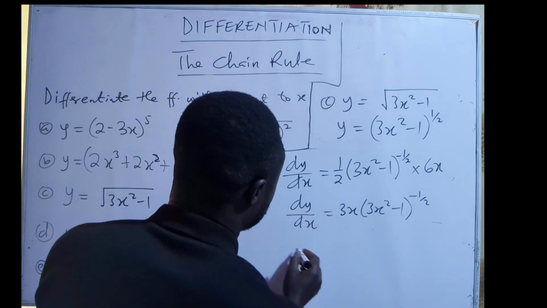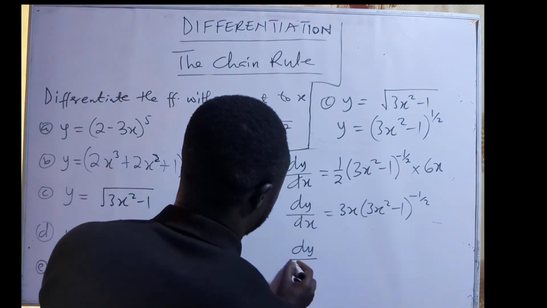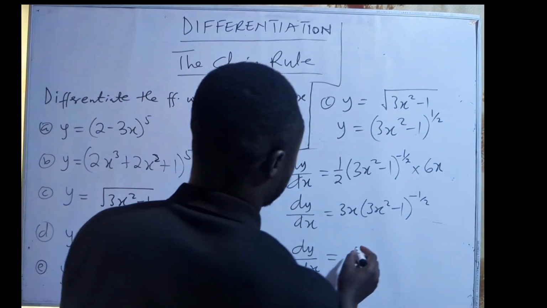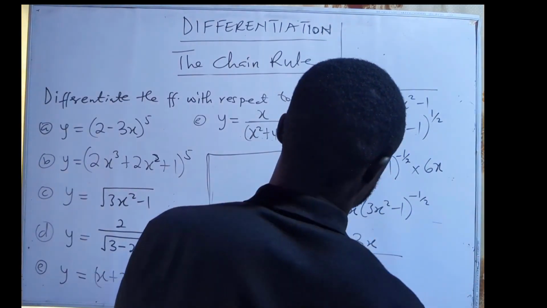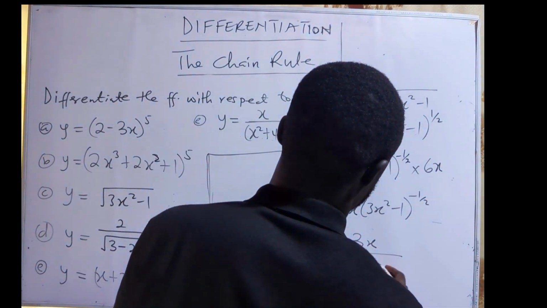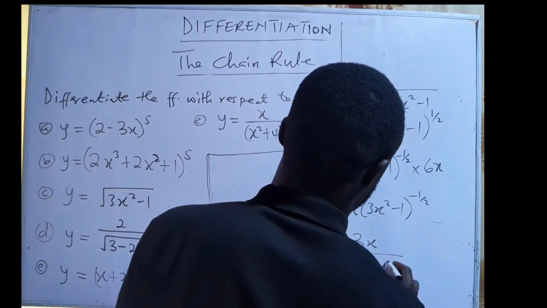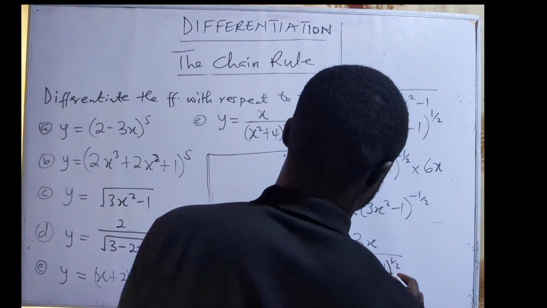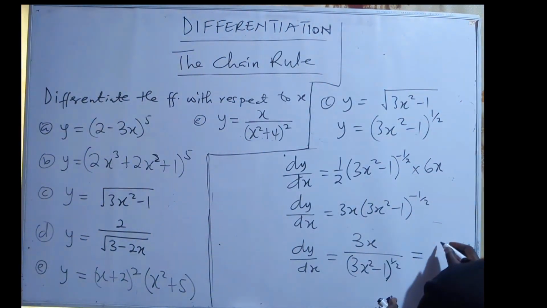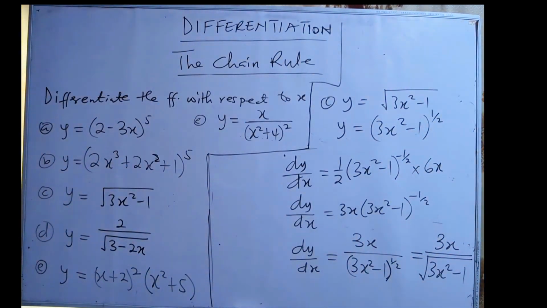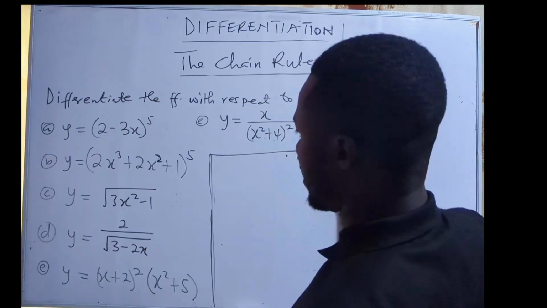So I can write my answer finally as dy/dx equal to 3x, and since this is exponent of negative, it becomes (3x squared minus 1) all to the exponent of 1 over 2 positive. If you also like, you can say 3x all divided by the square root of 3x squared minus 1, and this becomes your answer. Okay, we come to the D.